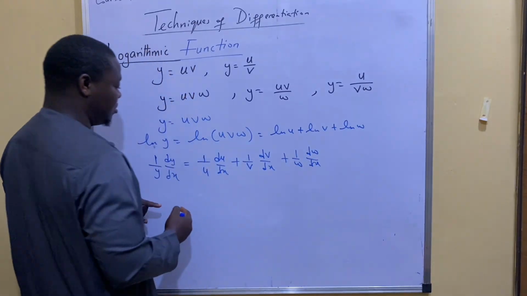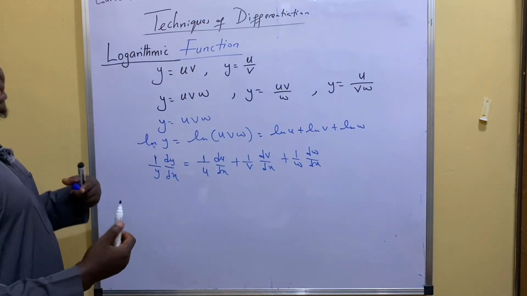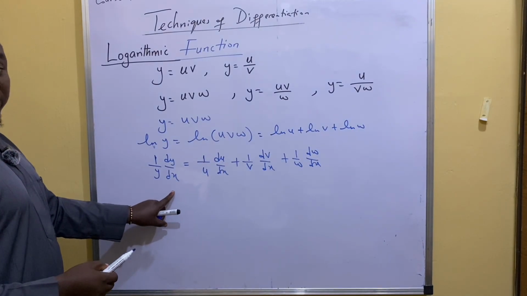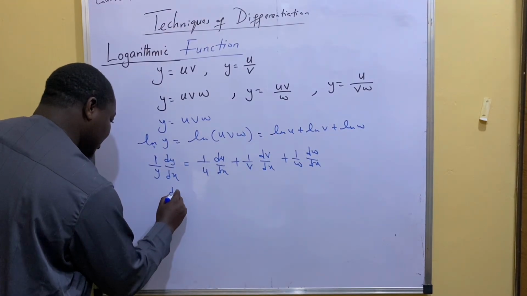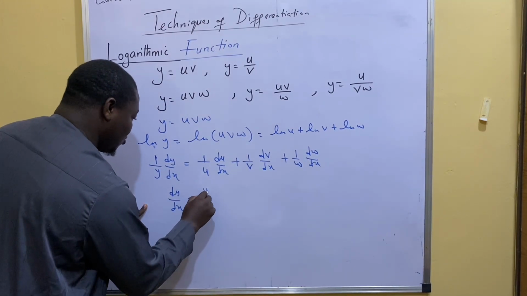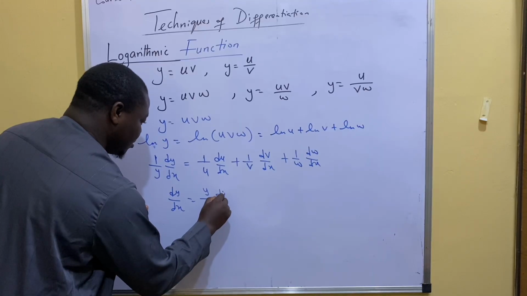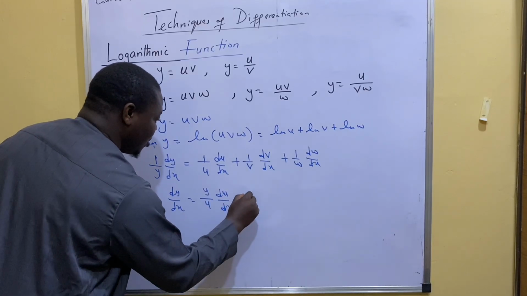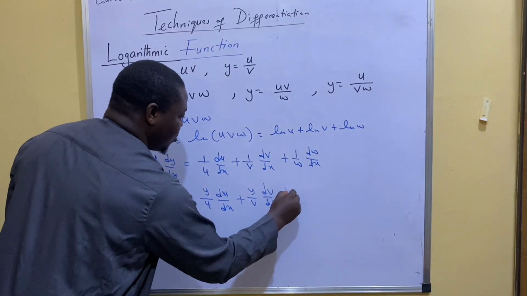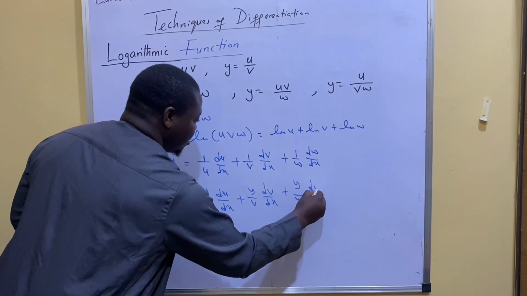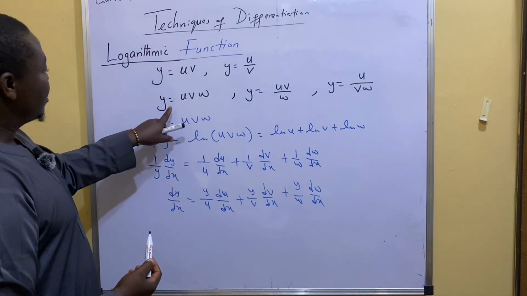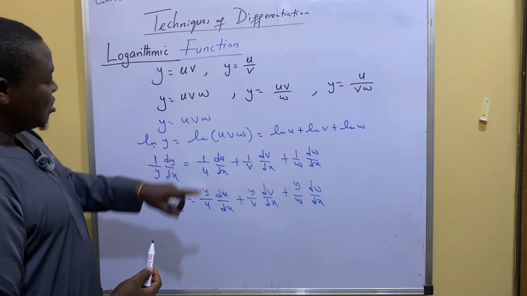Now the next thing for us to do is to multiply through by y, so that we only have dy/dx here. So we now have that dy/dx will be equal to y over u du/dx plus y over v dv/dx plus y over w dw/dx. Now let's substitute the value of y. Recall that y equals uvw.